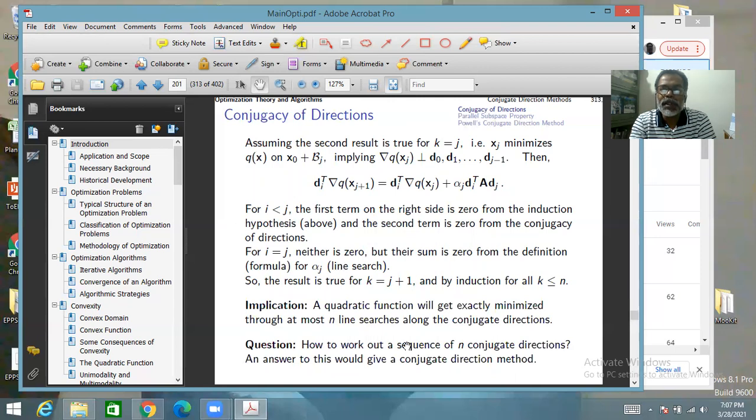How to work out a sequence of n conjugate directions. Any answer to this question will give you a conjugate direction method. If tomorrow you come up with a new way to get n conjugate directions, then there will be a new conjugate direction method. Now, what are the existing ways?